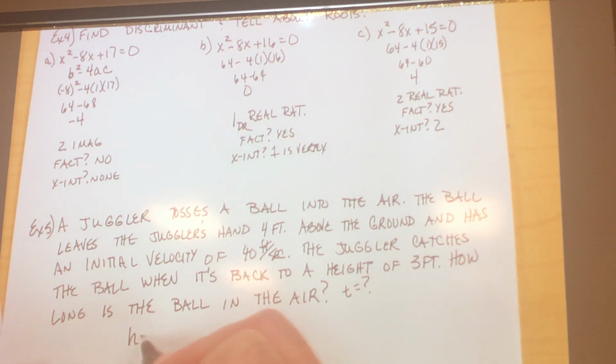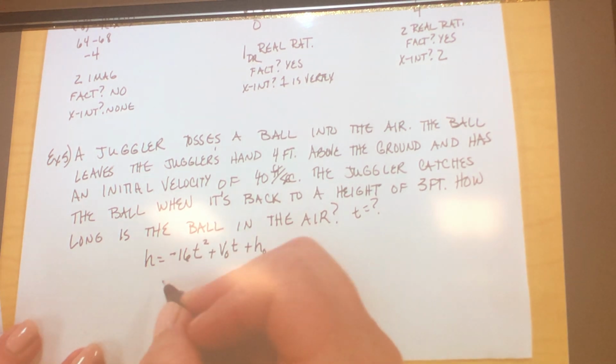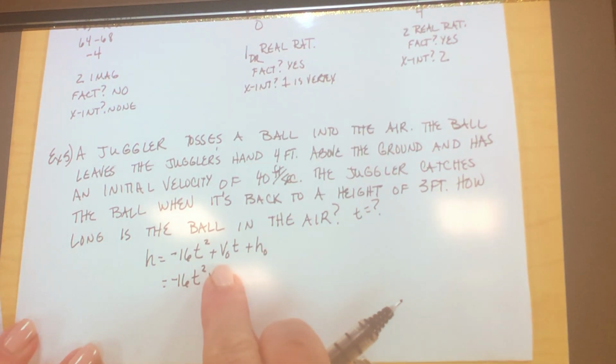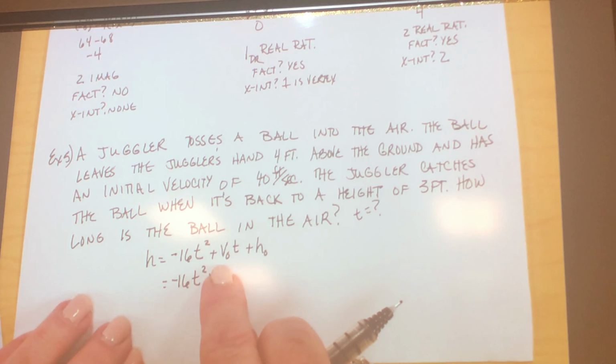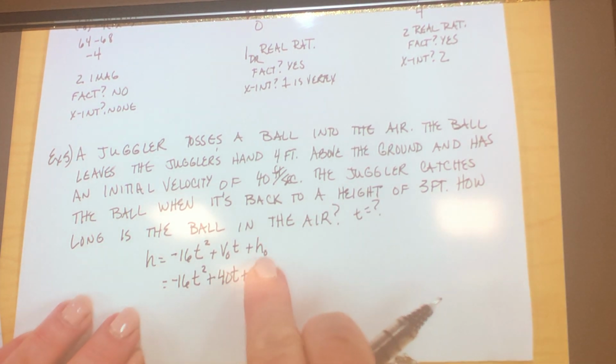So here's my formula. Have you ever seen this? Okay, so let's start on the right side. Negative 16 t squared plus, what does v sub 0 mean? Initial velocity. What is my initial velocity? 40 feet per second. What's this? Initial height.